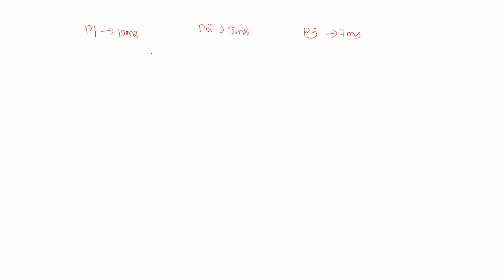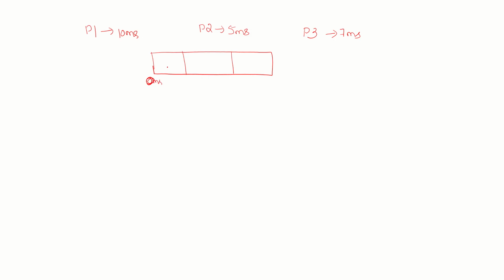Now my work is to draw the rectangular box. Now this is 0 milliseconds. No change here. It is 0 only.